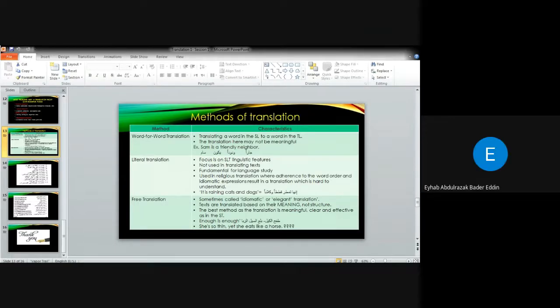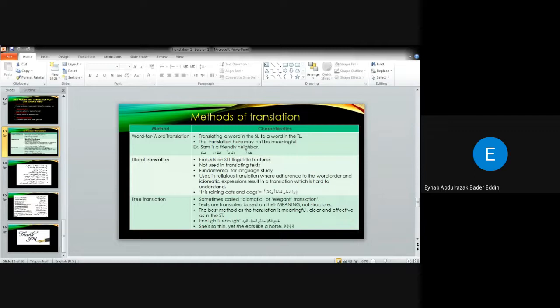Okay, so in contrastive linguistics, we try to study one area, but in the two languages. For example, let's say forming plural in English and forming plural in Arabic. So we focus on the same area in the two languages. So this is called contrastive linguistics. Okay?